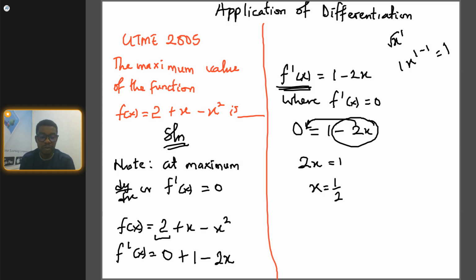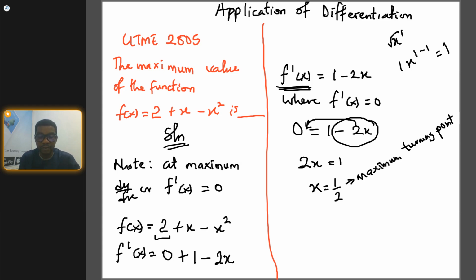The maximum turning point. So to obtain the maximum value, we need to substitute x equals 1 over 2 into the function given to us in the question. We are going to be substituting x equals 1 over 2 into that function to get the maximum value.